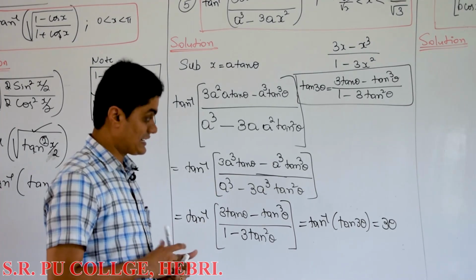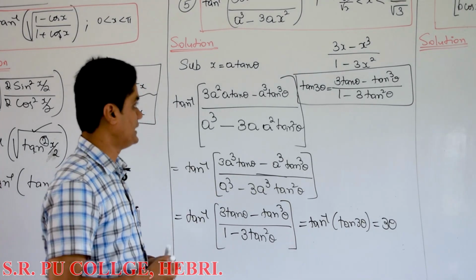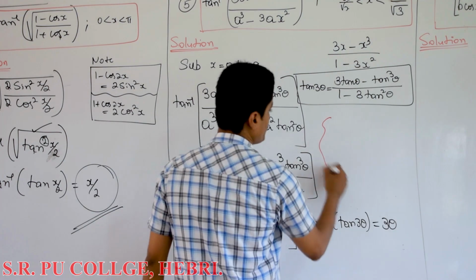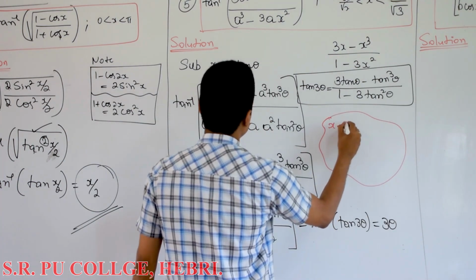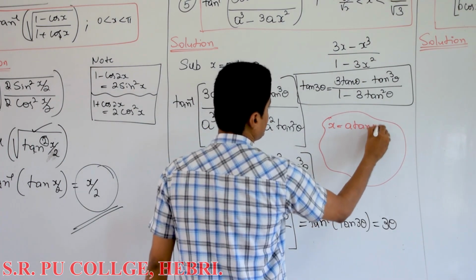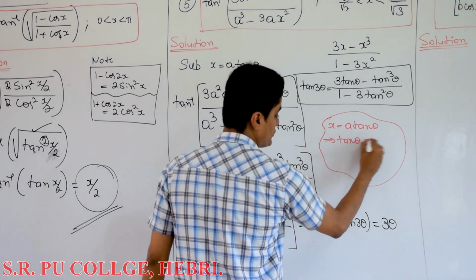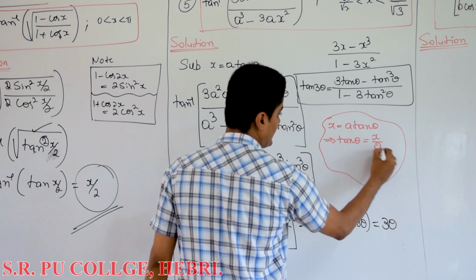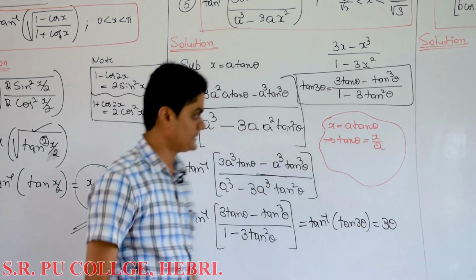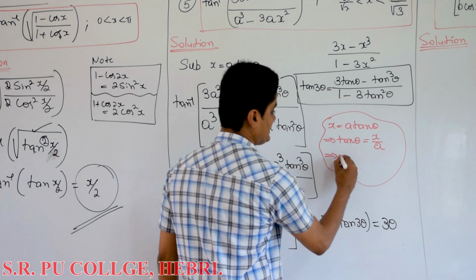The next stage is converting into terms of x, and you should be careful because of what we substituted. We substituted x is equal to a tan theta. So this implies tan theta is equal to x by a. You cannot directly write theta, you should first write tan theta. So what is theta?